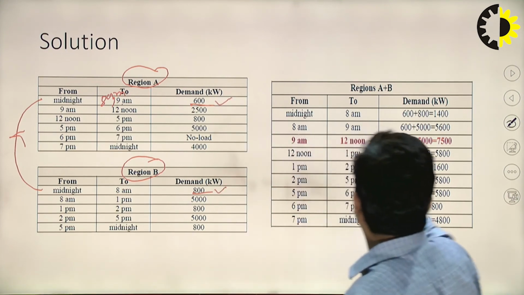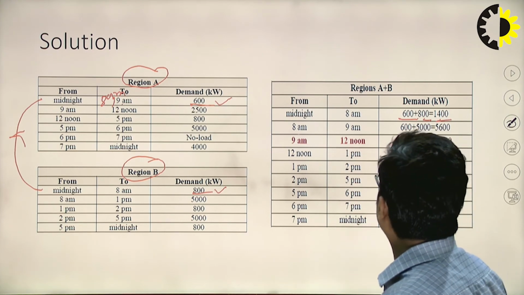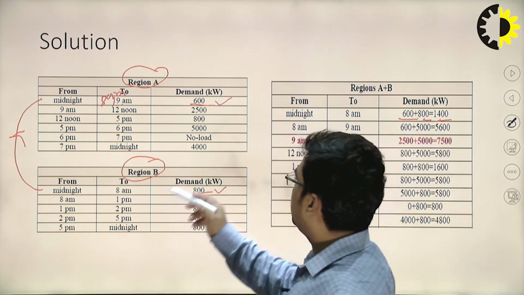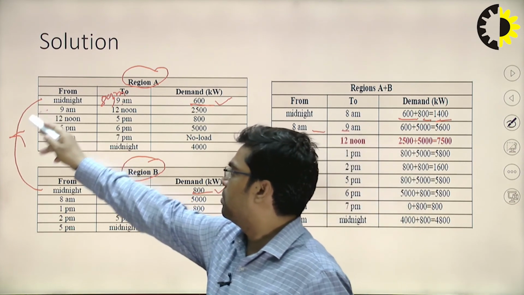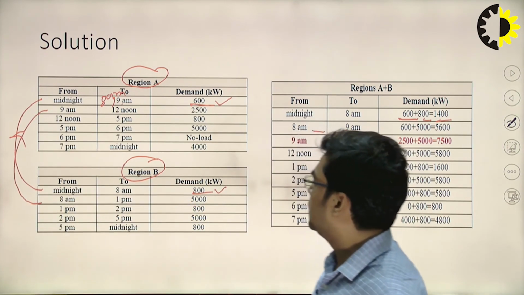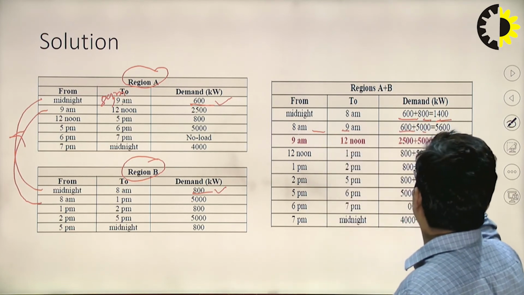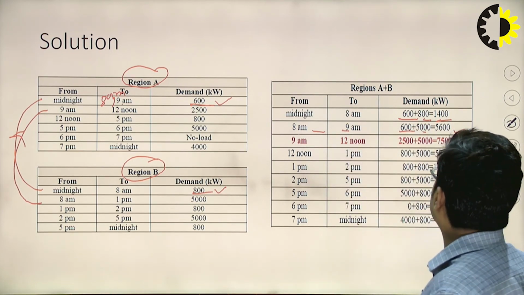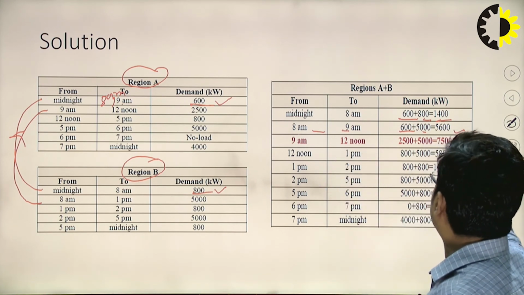Simply we add 600 plus 800, that is 1400 kilowatt. From 8 AM to 9 AM, common from both regions, the capacity is 600 plus 5000, that is 5600. 9 to 12, this is 7500.